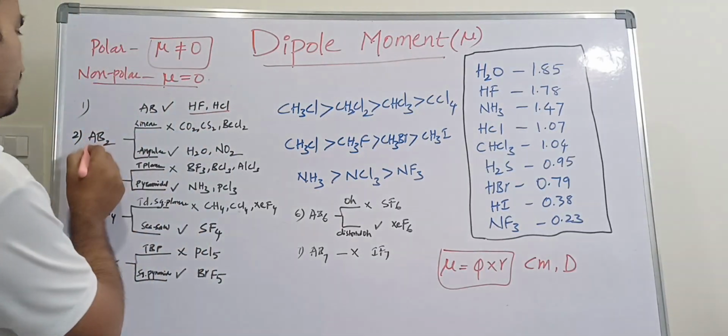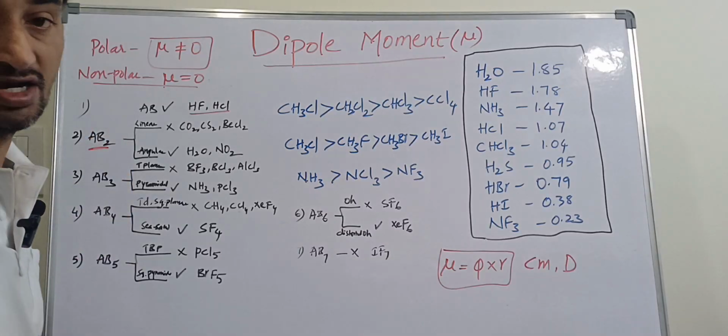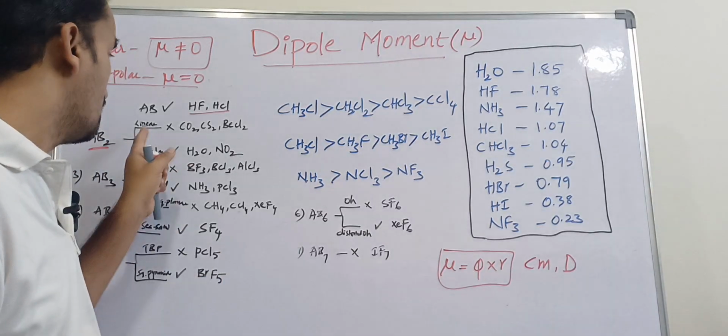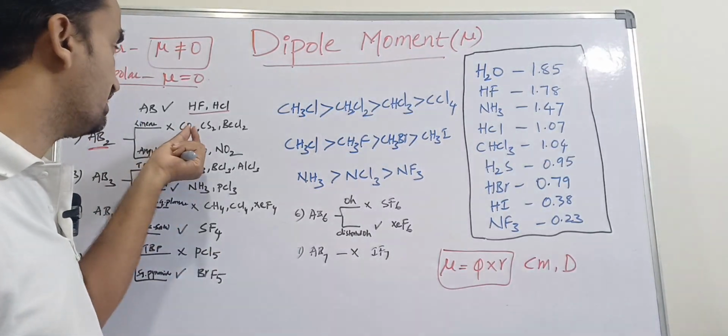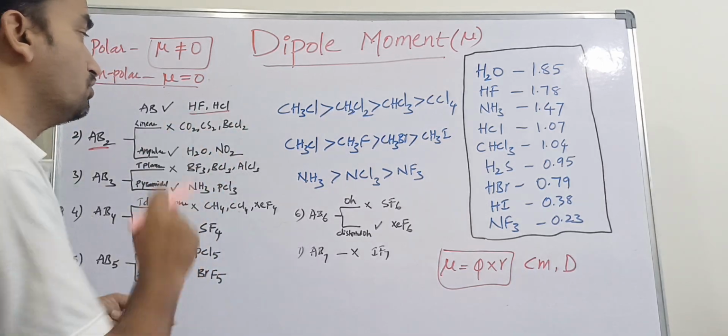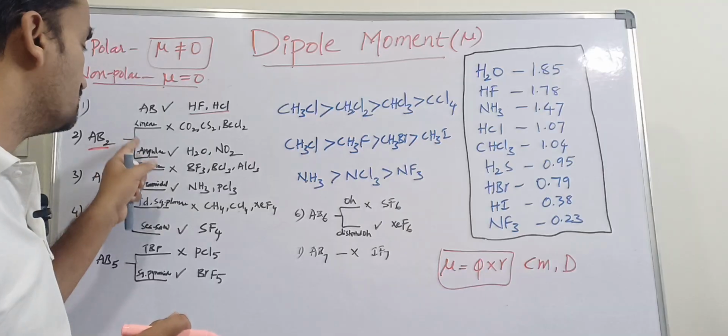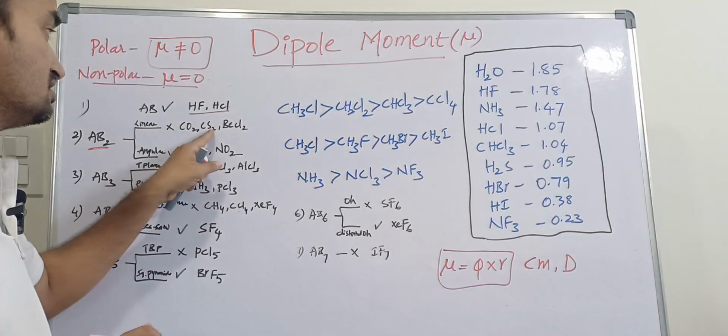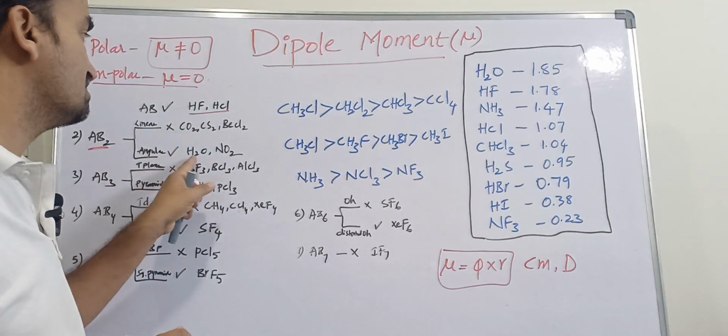Now we'll go for the AB2 molecules, triatomic molecules. Here we will see different examples like carbon dioxide, carbon disulfide, BeCl2, H2O, NO2, etc. If you observe, some of these molecules are linear, whereas others are angular.